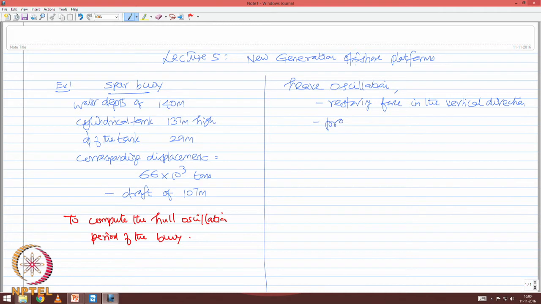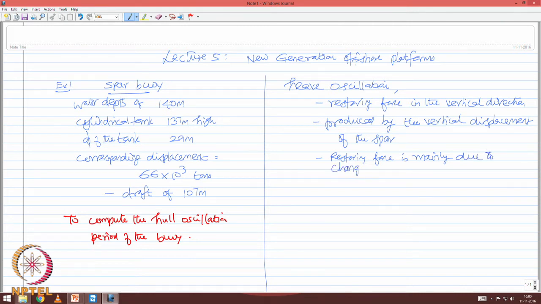This is generally produced by the vertical displacement of the spar. The restoring force is mainly due to change of buoyancy effect.